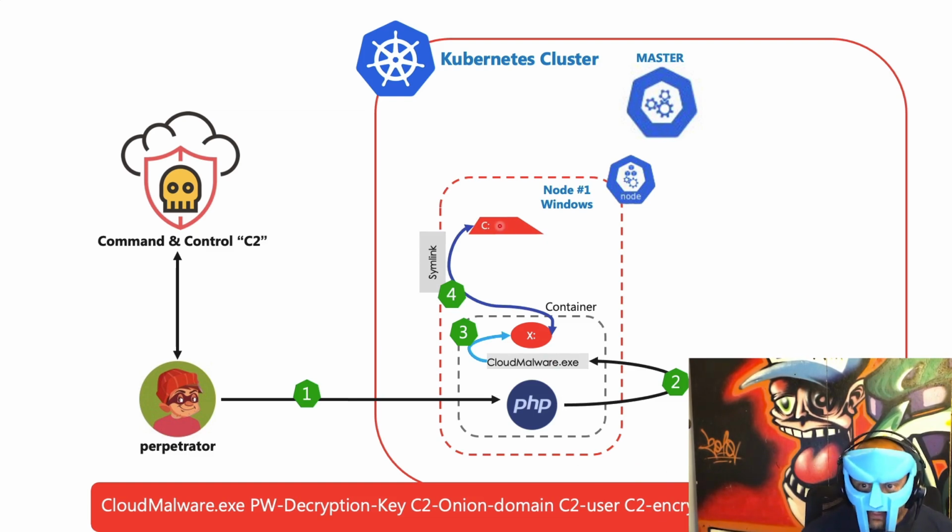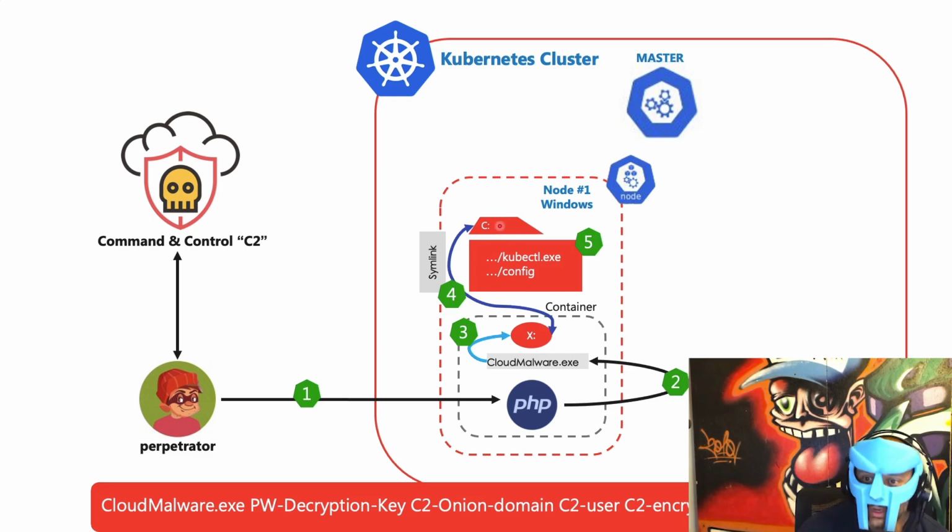Once it has that, it executes a search, which would be the step 5, and kind of where I differ from the chart or the schematic provided by Unit 42. It executes a search, so it types in the search command here, and because of the symlink, it is executed on the host C drive to look for the kubecontrol.exe, and it looks for that by its actual name, as well as the Kubernetes configuration file, which it finds using a regular expression.